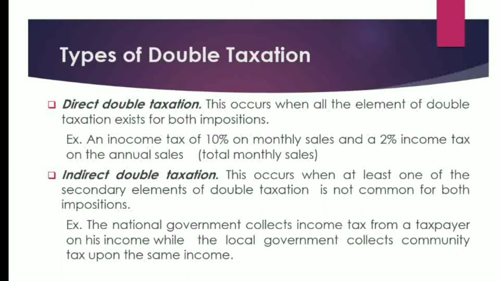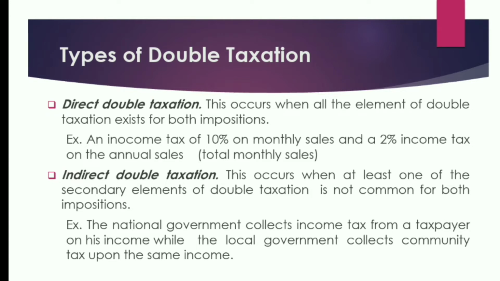Our law does not expressly prohibit double taxation, and as a matter of fact, indirect double taxation is common in practice. However, direct double taxation is discouraged because it is oppressive and burdensome to taxpayers. Double taxation can be minimized by any or a combination of the following. One, provision of tax exemption. Two, allowing foreign tax credit.